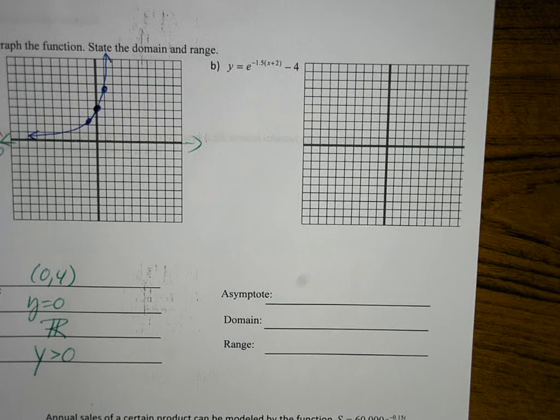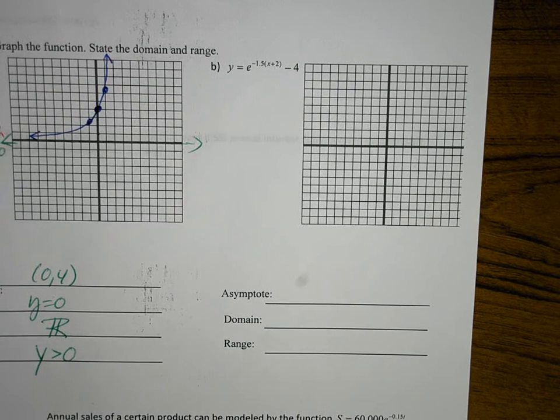Does somebody have a thought on what the parent function is for this graph? I want you to graph the parent function and then show the relationship with the shifting left and right and the shifting, the sliding, the translating up and down. Anybody got a thought on what the parent function is?